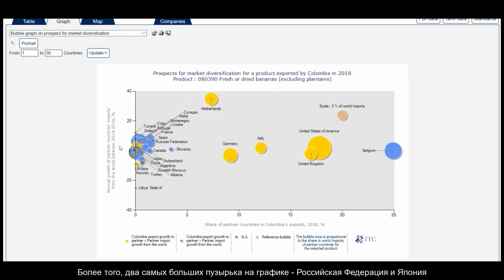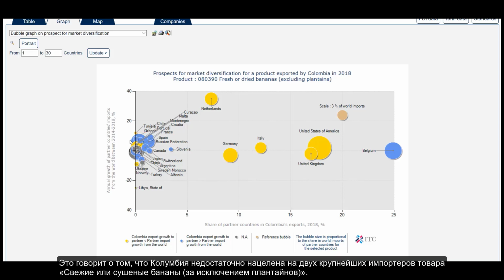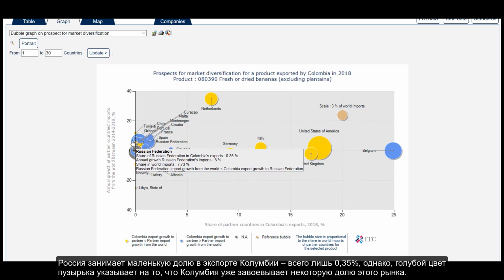Moreover, 2 of the biggest bubbles in the graph, the Russian Federation and Japan, are markets located furthest to the left and with positive average annual growth rate. This means that Colombia is not targeting enough 2 of the largest importers for the product, bananas fresh or dried, excluding plantains. Russia has a small share in Colombia's exports, in this case 0.35%.